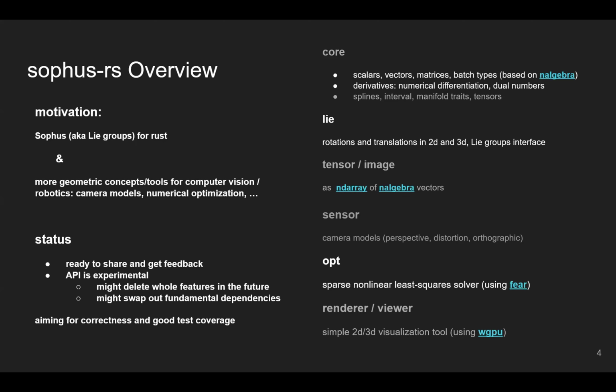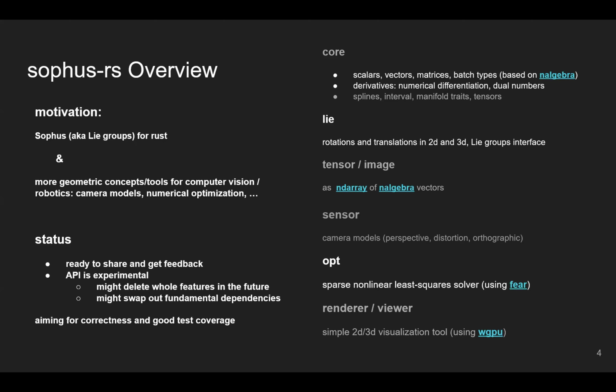The core motivation is to have Lie groups, but also to add a few more geometric concepts and tools for computer vision and robotics, like camera models, numerical optimization, and so on.